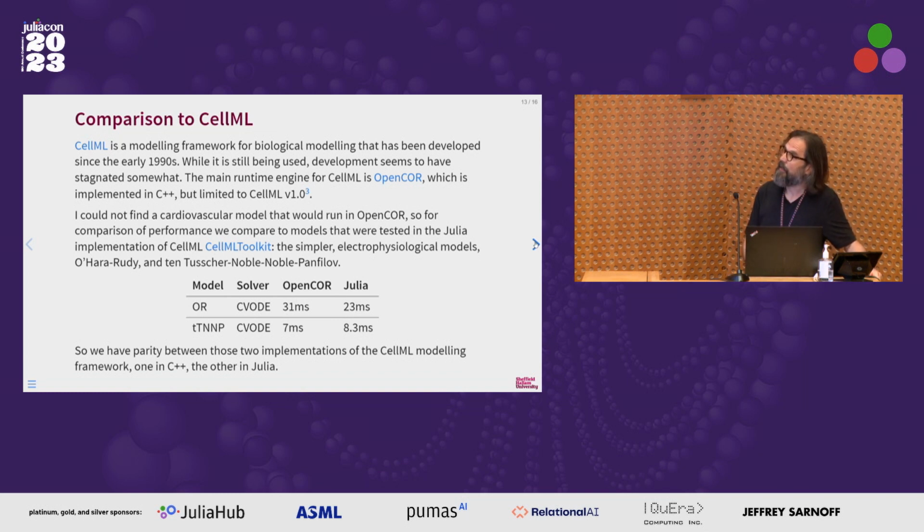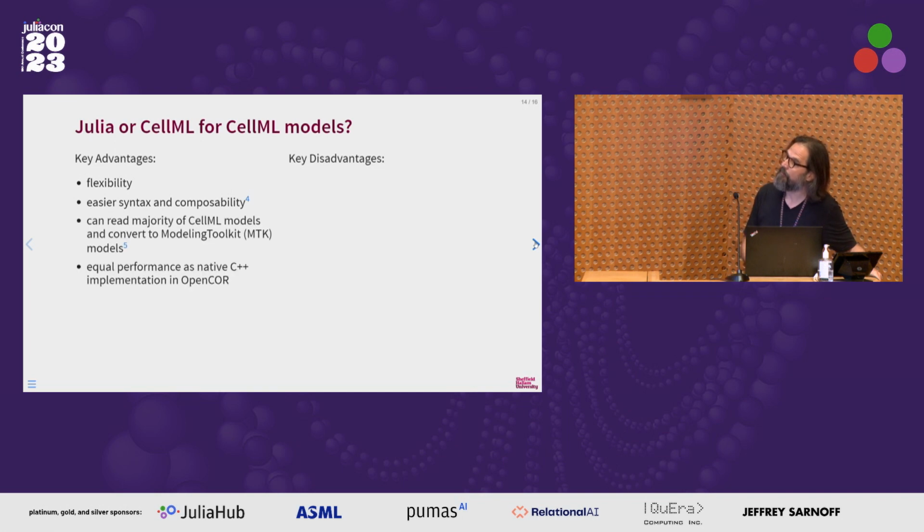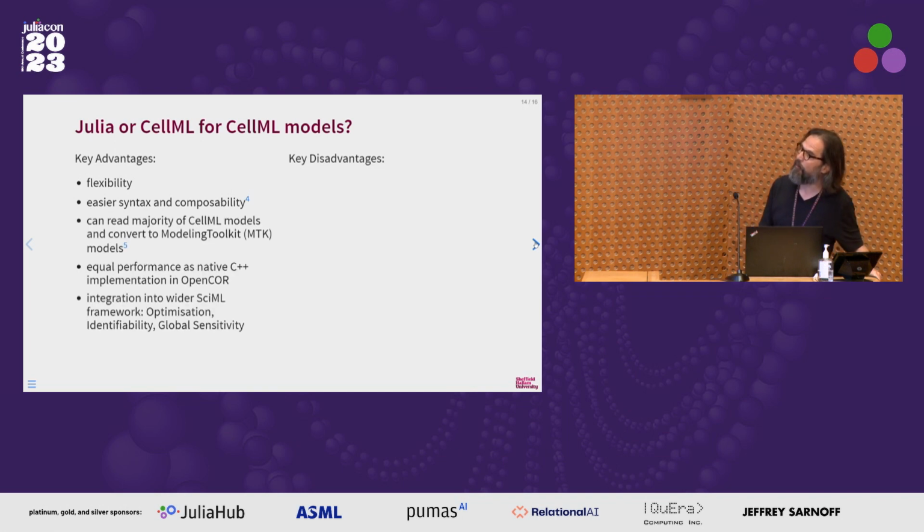And actually, CellMLToolkit, for me, seems to be the best way to run CellML models at the moment, because the CellML toolchain is very old and difficult to get running. And I find Julia to be more flexible. It's more composable, because I can now use these models with all the SciML framework, optimizers, sensitivity analysis, and everything else.